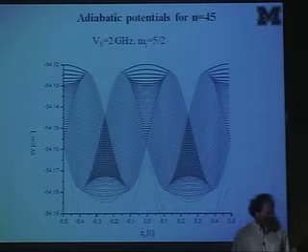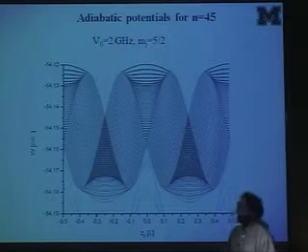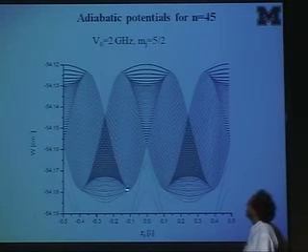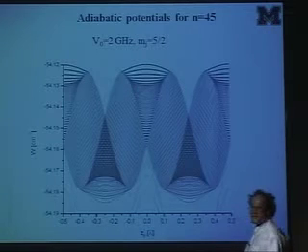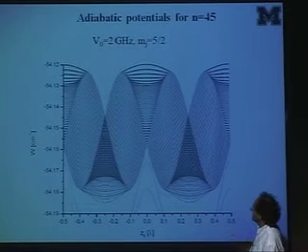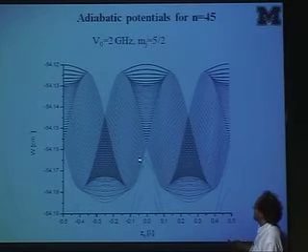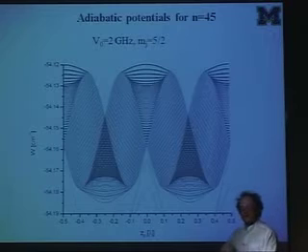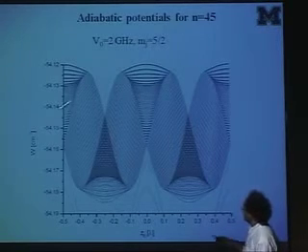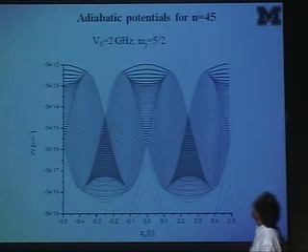If you go to higher quantum numbers, like here where we go to n equals 45, the qualitative behavior is still the same. It's just that the relative importance of the regions where the energy levels follow parallel lines becomes less, whereas the relative importance of these cusp regions increases.